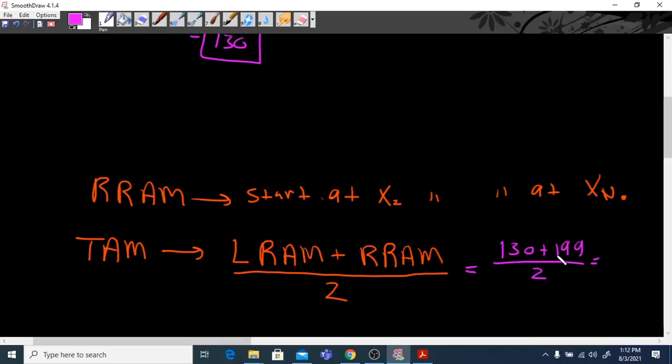Well, let's see. It's going to be 329 divided by 2. Let me do that one more time. 200 plus 130 is 330. Minus 1 is 329, divided by 2.